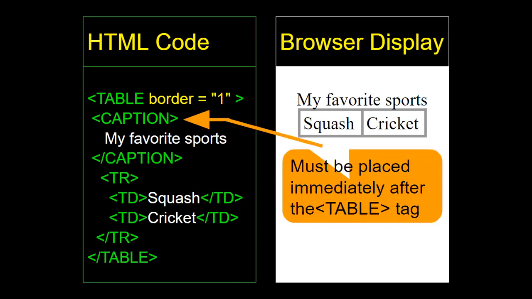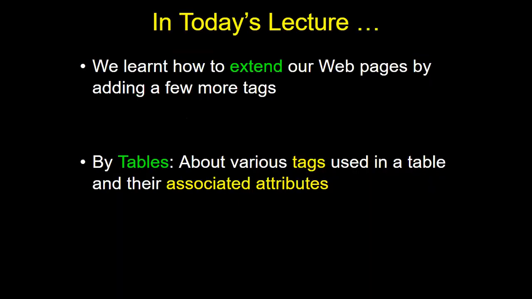Clear? It must be placed immediately after the table tag, that is, just after starting the table tag and before the table rows. It will give a heading to the table completely.